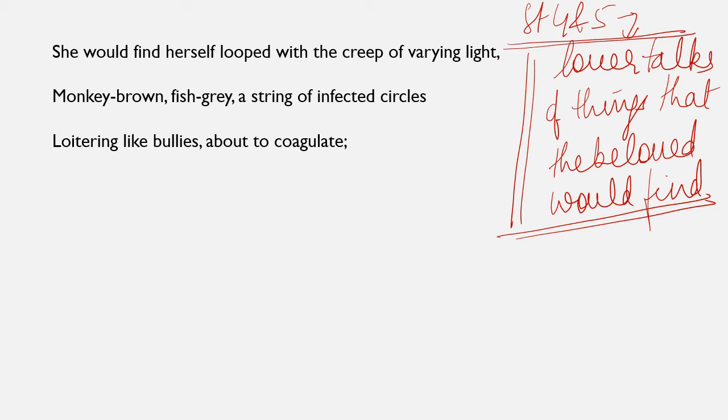And the lover says she would find herself looped with the creep of wearing light. And creep is a very interesting word here, because creep means scary, something that inspires fear.